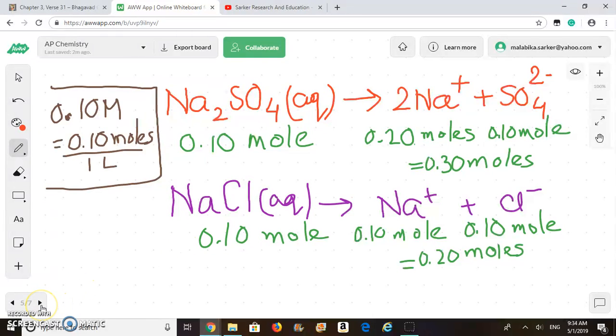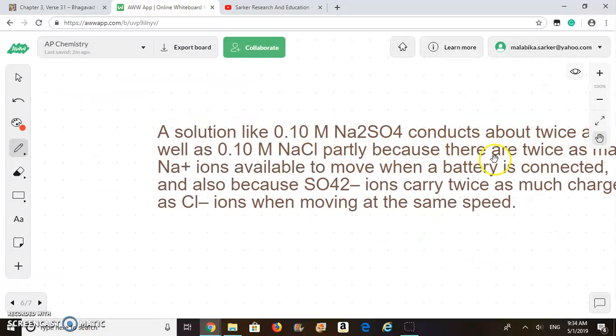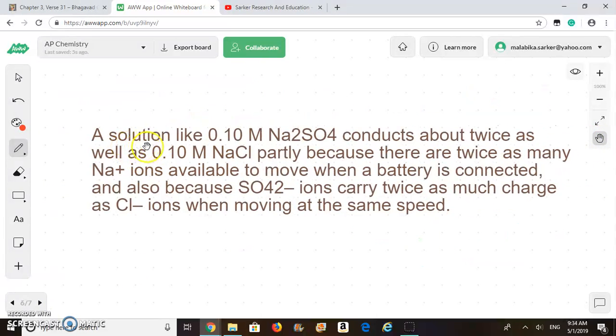So we can say that this is the best explanation, and I would also like to add this here. A solution like 0.10 molar sodium sulfate conducts about twice as well as 0.10 molar sodium chloride, partly because there are twice as many sodium ions available to move when a battery is connected, as we have seen previously, and also because the sulfate ion carries twice as much charge as the chloride ion when moving at the same speed.